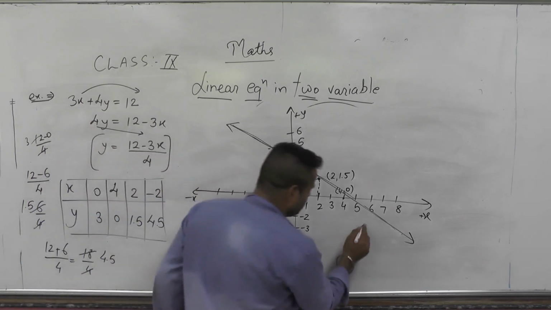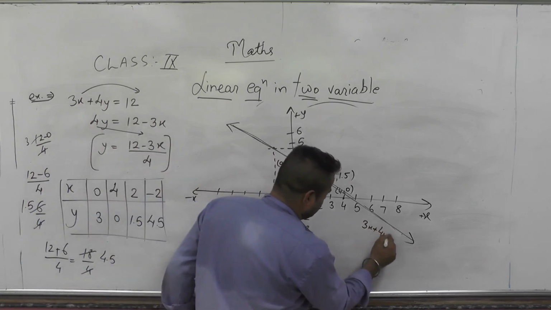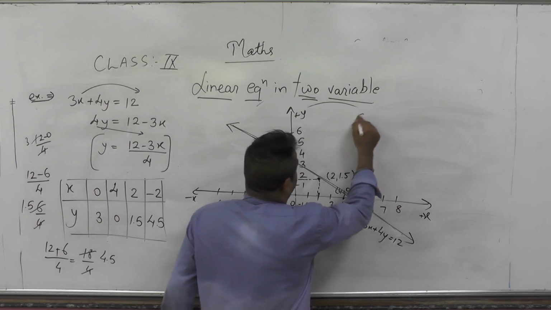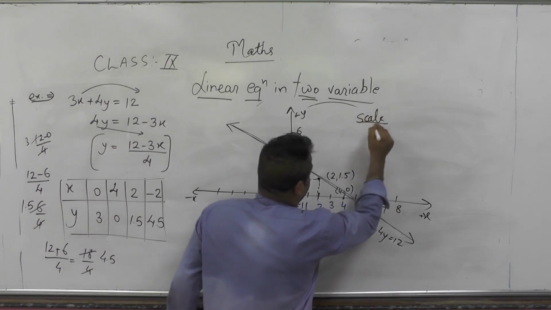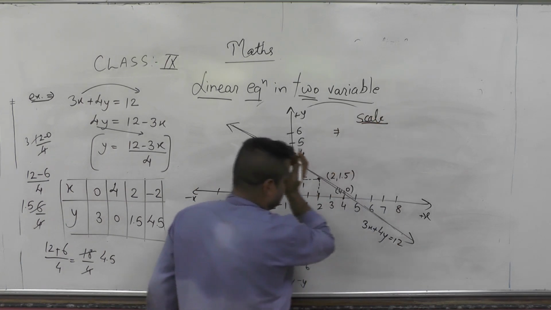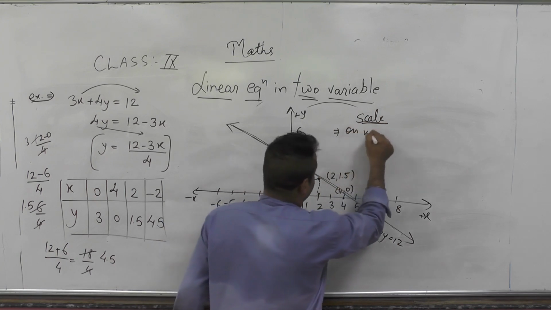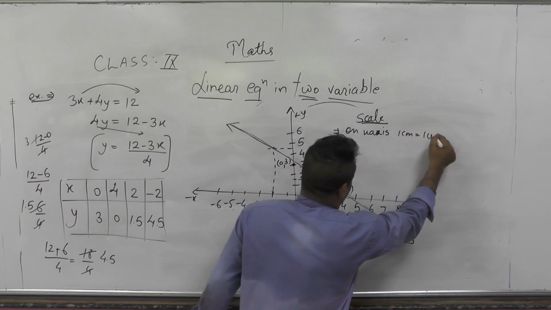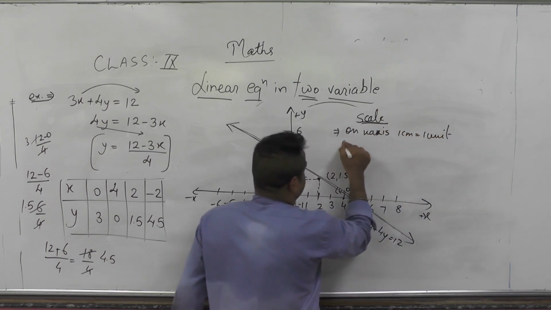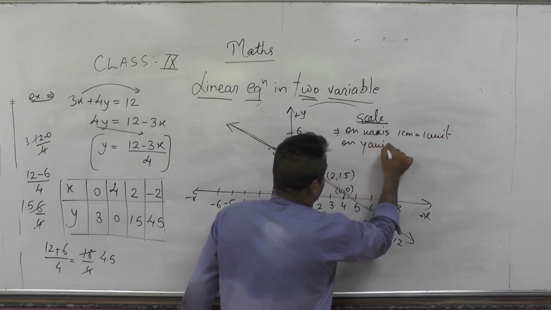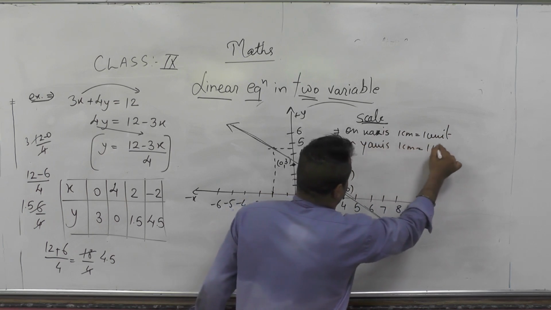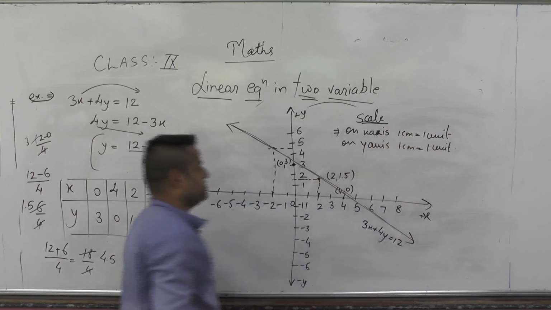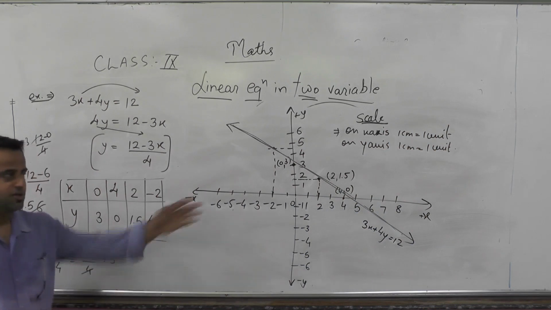What was the equation? It is 3x plus 4y equal to 12. I can write the scale also because it is counted in the examination also. On the x-axis we took 1 centimeter as 1 unit, and on the y-axis also we took 1 centimeter as 1 unit. So that's how you can represent the equation on the graph.